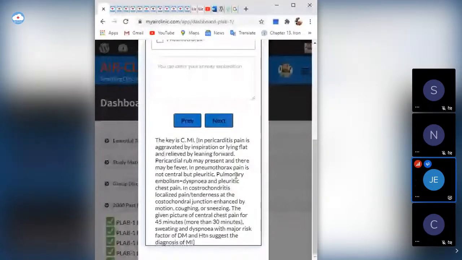Pulmonary embolism is dyspnea and pleuritic chest pain. All right. In costochondritis, localized pain or tenderness at the costochondral junction, enhanced by motion, coughing, or sneezing.